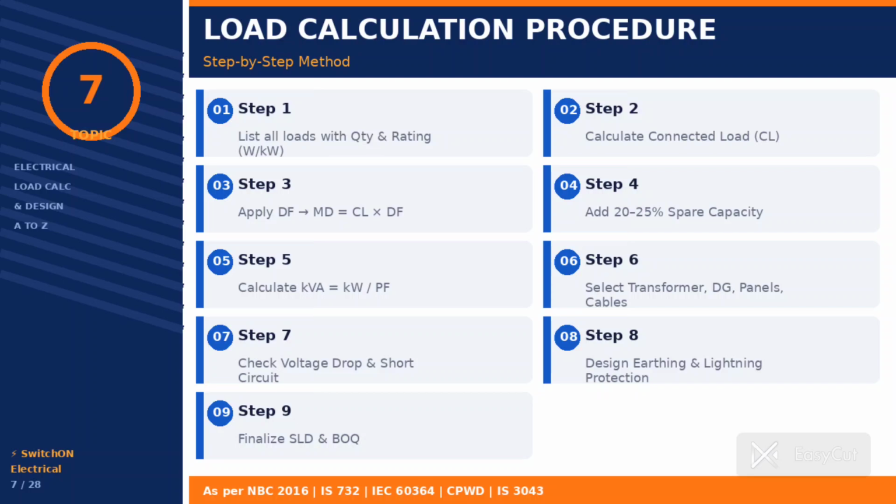The next step will be converting that connected load into demand load. Why? Because you always load the transformer on the basis of demand load, not on the connected load, right? How do you convert? Maximum demand is equal to connected load into diversity factor. Why? Because the diversity factor is the connected load divided by maximum demand, right?